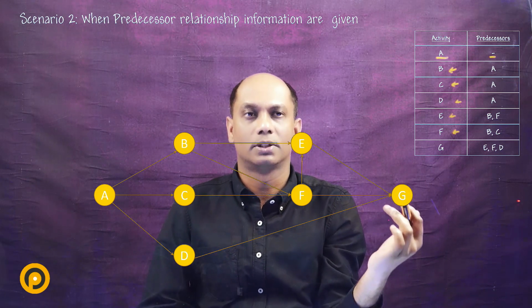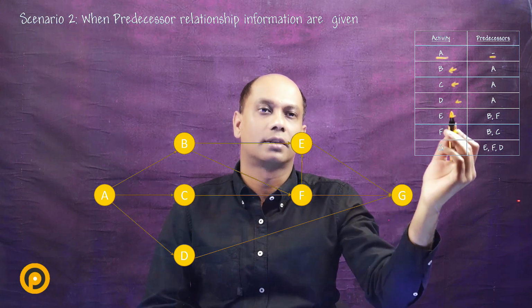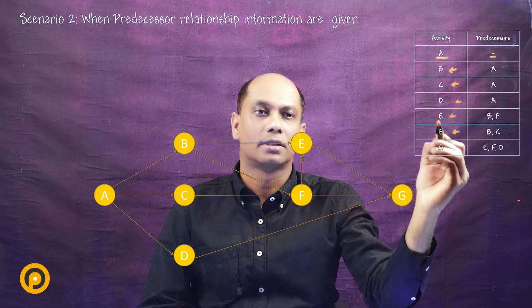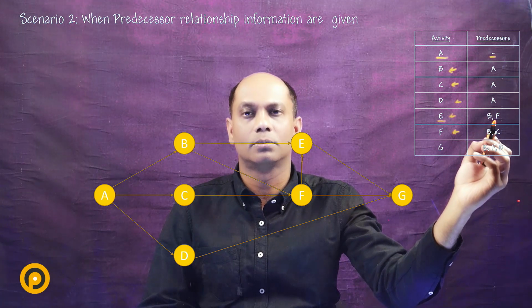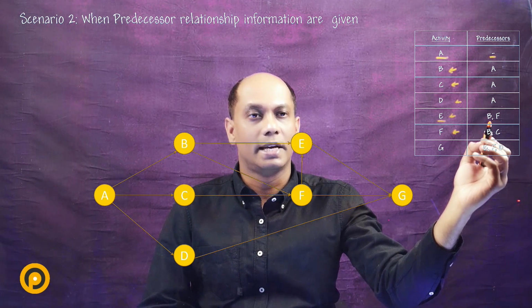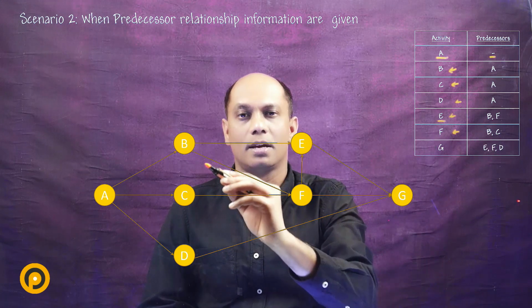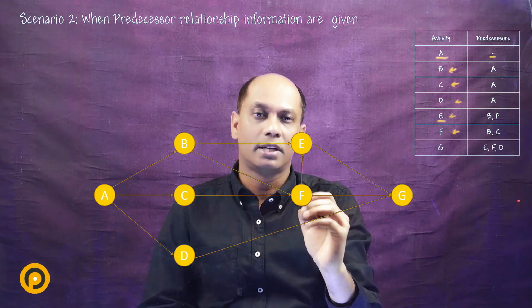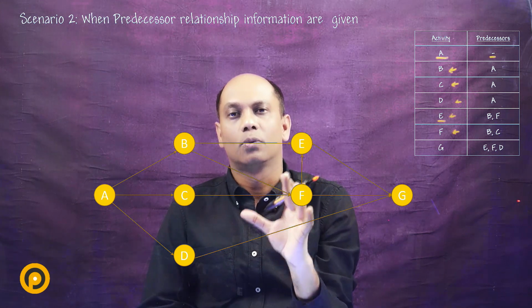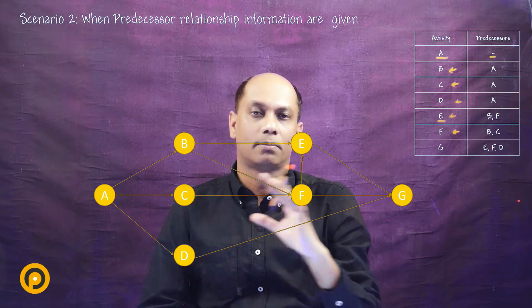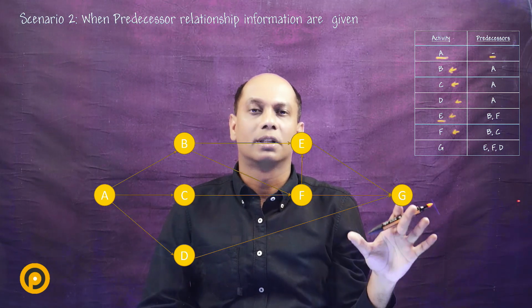It's a good idea to always check, or randomly check. Let's say activity E here. What is the relationship activity E has with B and F? Activity E has two predecessors, B and F. The important thing is to check arrow directions, because the arrow directions will determine the way we do the forward pass and backward pass in order to determine the critical path method.